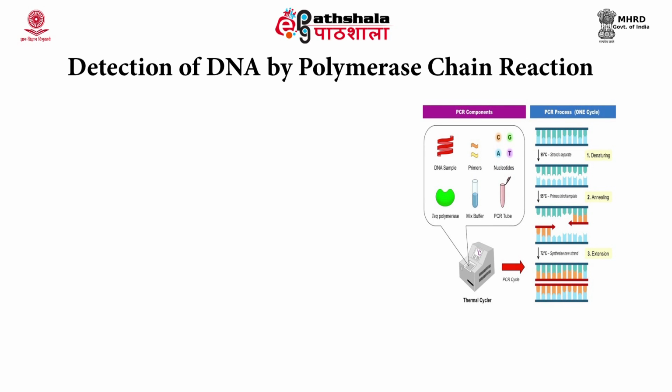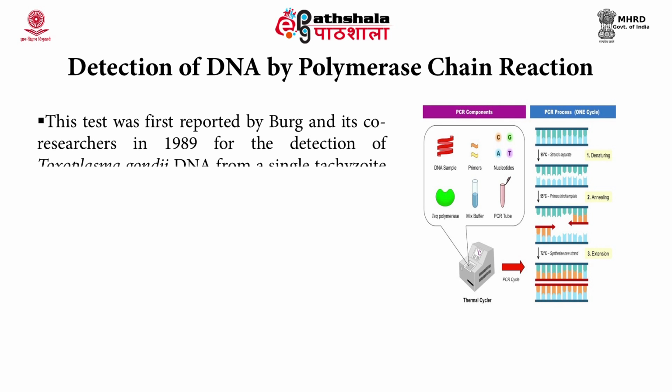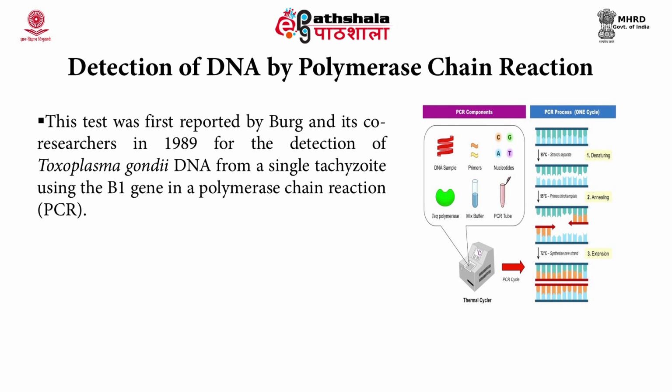Now, for detection of DNA through polymerase chain reaction, we will discuss the first report of work in 1989 for the detection of Toxoplasma gondii DNA from a single tachyzoite using the B1 gene in a polymerase chain reaction, or PCR.